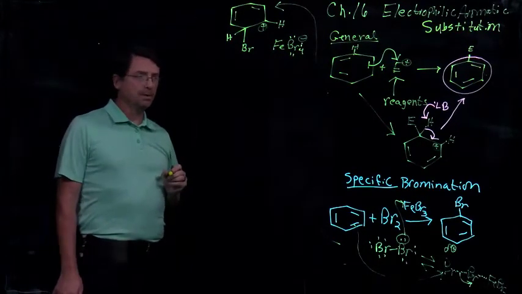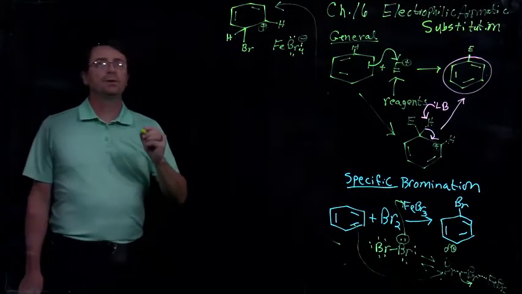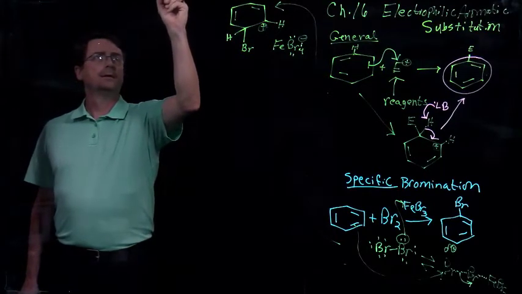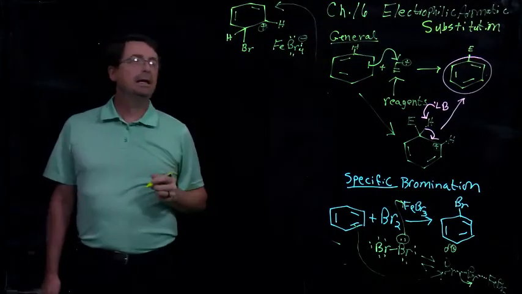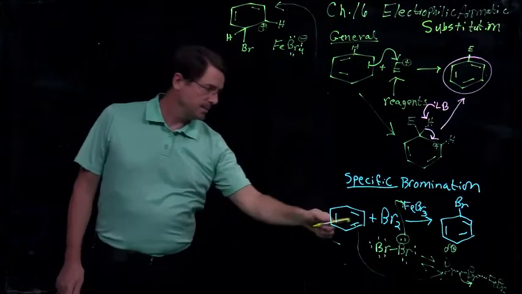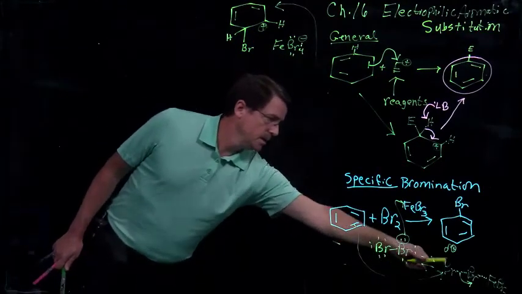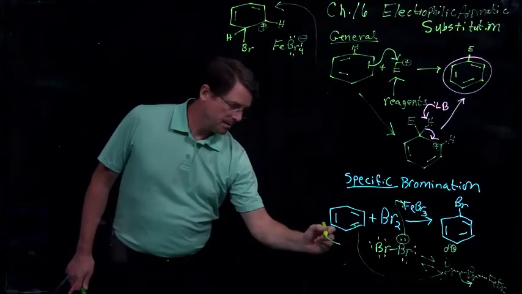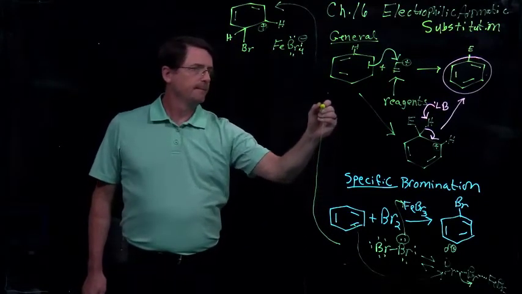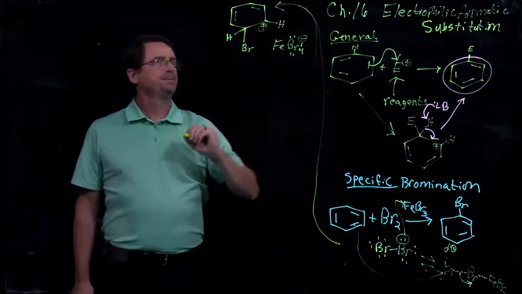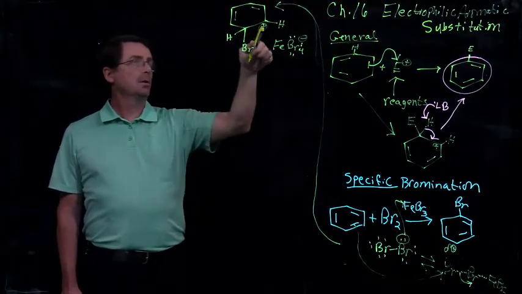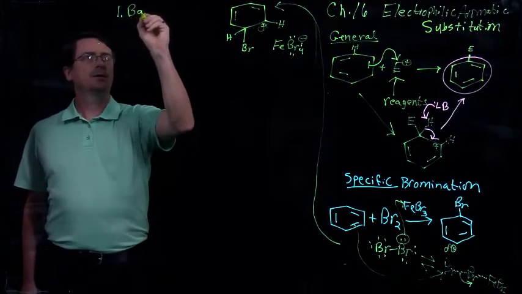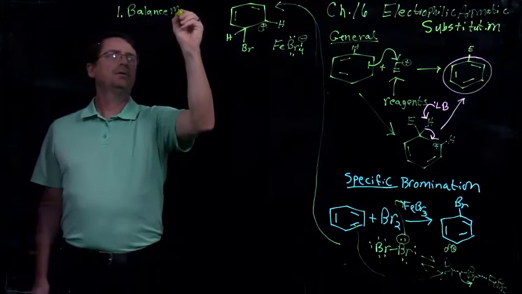So this is a point at which I want to illustrate a fundamental principle for us when we're writing mechanisms. At each individual micro step, so this is a micro step, the formation of the activated complex, this is a micro step to produce this carbocation intermediate. So at each micro step, first we balance the mass.